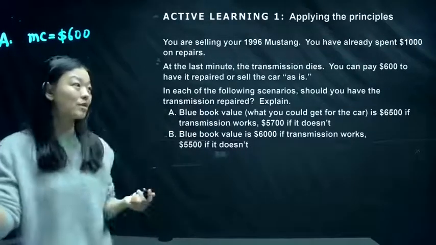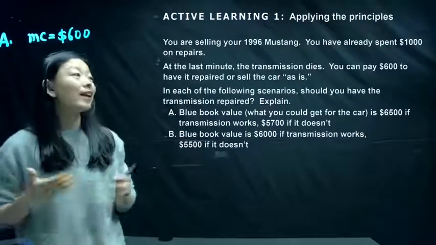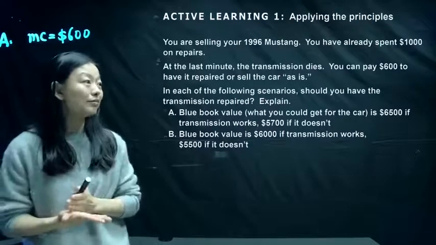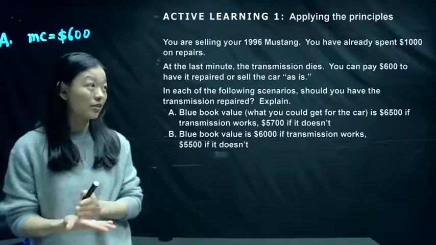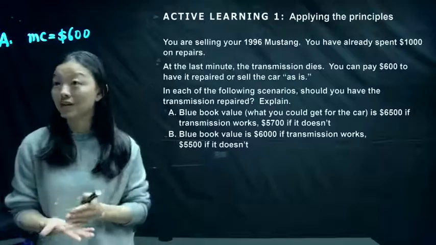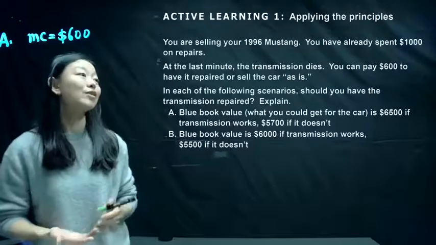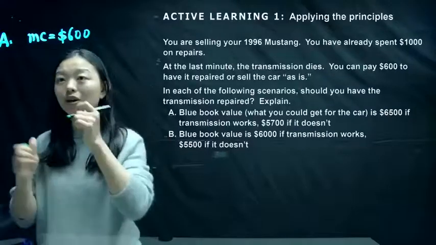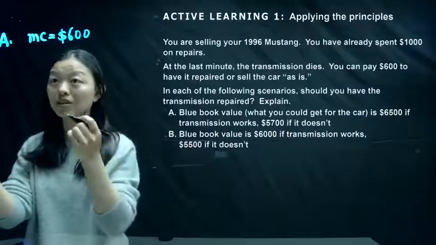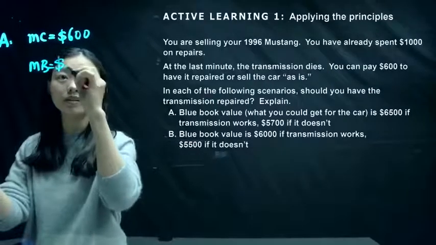So this is from the question. And then you can see if the transmission works, you can sell the car for $6,500, right? If it doesn't, you can only sell the car for $5,700. So having the transmission work can actually bring you the marginal benefit.